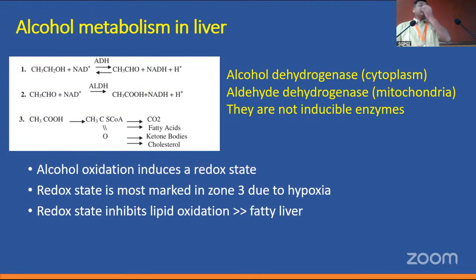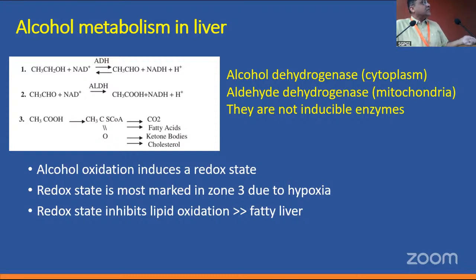So if you see the alcohol metabolism, this is again an important part. When alcohol reaches the liver, all alcohol is metabolized predominantly by the liver. First enzyme is alcohol dehydrogenase, which is present in the cytoplasm of the hepatocyte, and second is aldehyde dehydrogenase.